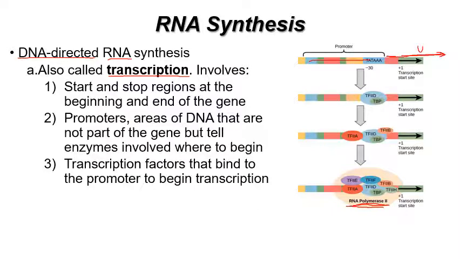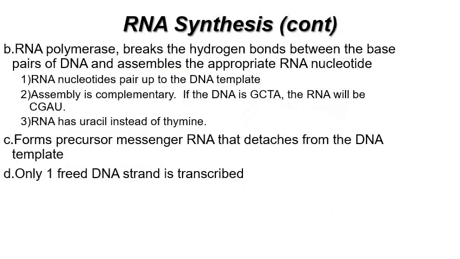Okay. So the first thing the RNA polymerase, that enzyme, is going to do is, remember, DNA is double-stranded. So we can't make a copy of a strand unless we open up the DNA into two single strands, because one of those strands holds the gene for the protein. So RNA polymerase is going to break the hydrogen bonds between the bases. Remember, the two strands of DNA are held together by the hydrogen bonds between the bases from both strands.